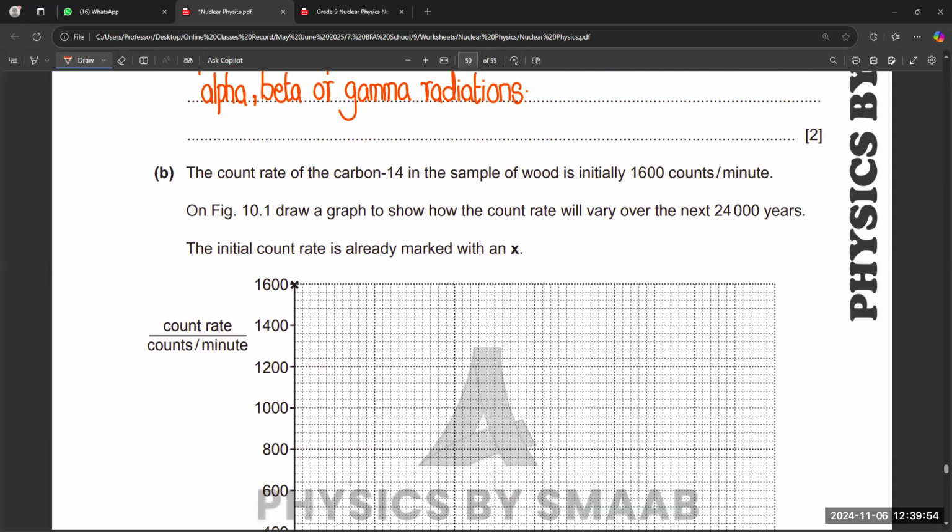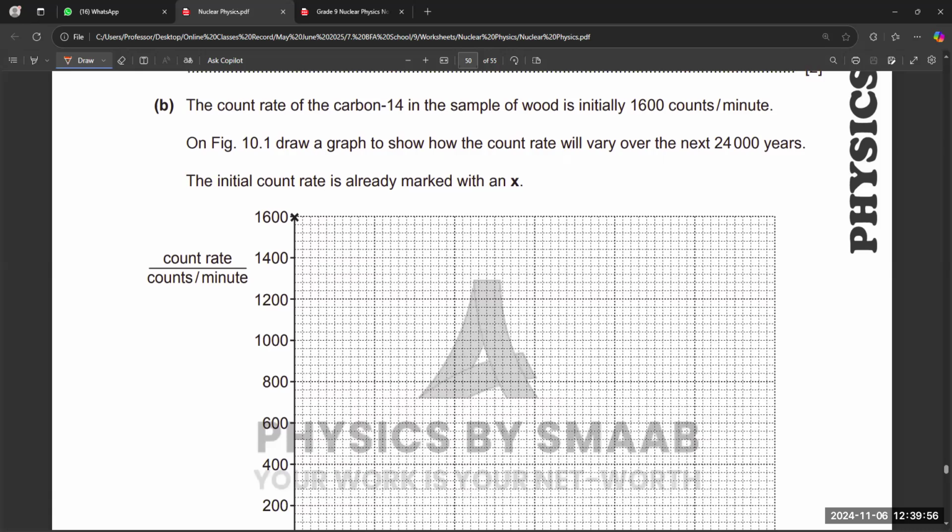Yes. Next part is definitely from the half-life. The count rate of the carbon 14 in the sample of wood is initially 1600 counts per minute. On figure 10.1, draw a graph to show how the count rate will vary over the next 24,000 years.